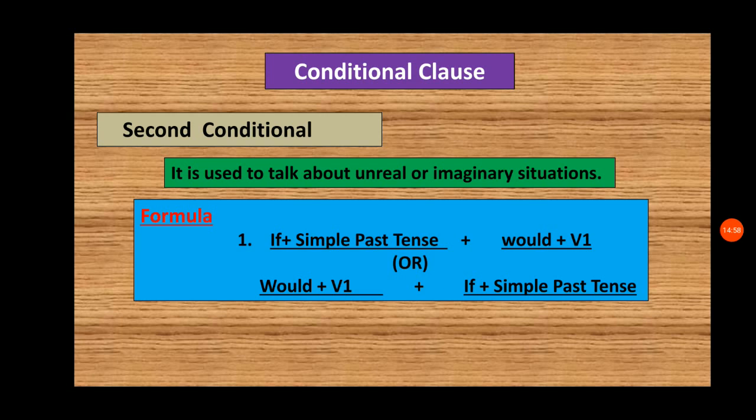So in this type, as we use the conditional in past, we use future past, would plus v1. And already I have told you that we should not use the v2 form followed by any modal verb. So would plus v1, the first form of the verb.